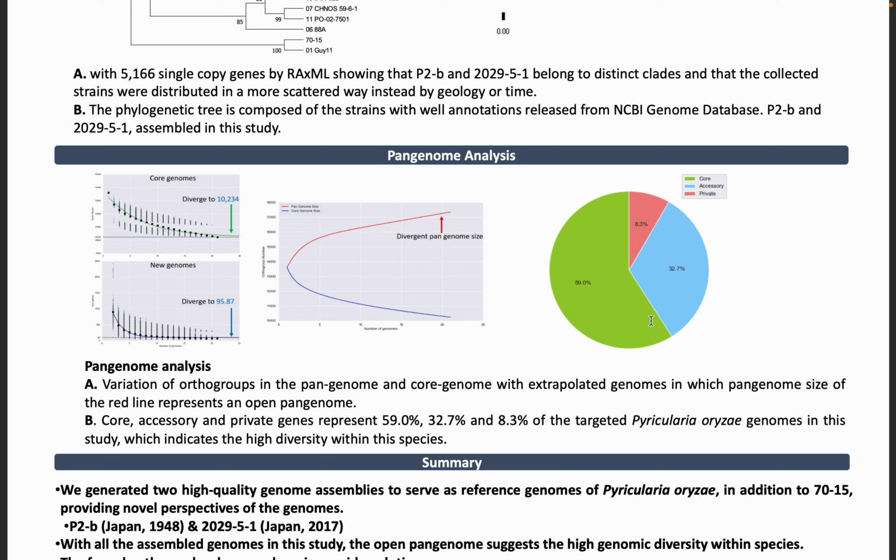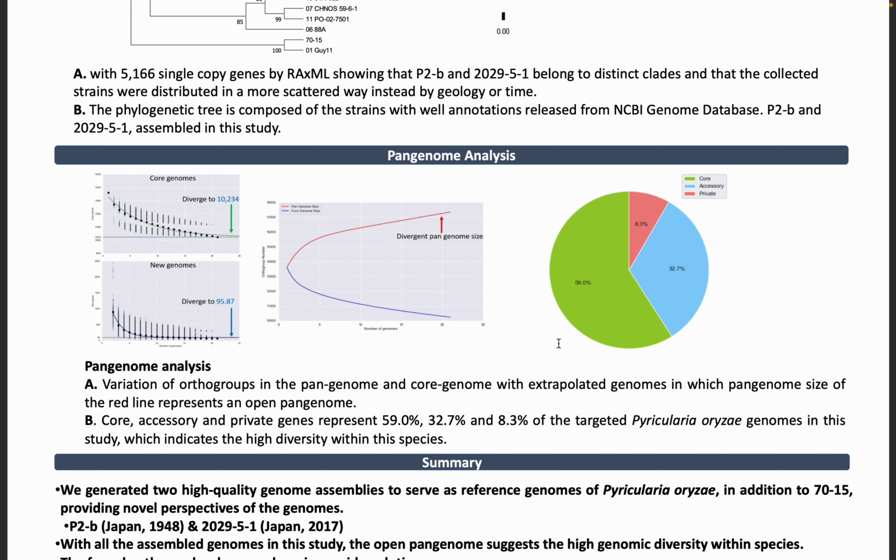Besides, the core genes are the genes that all of the strains have, and the accessory genes are the genes that some of the strains have but some others don't. And the private genes are the genes that only one of the isolates in our study has.